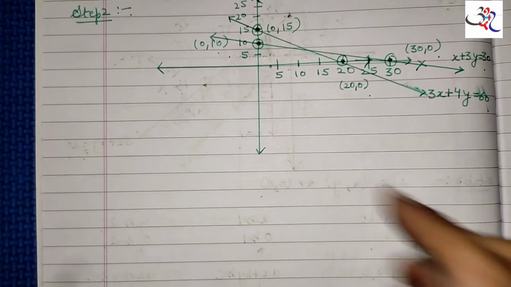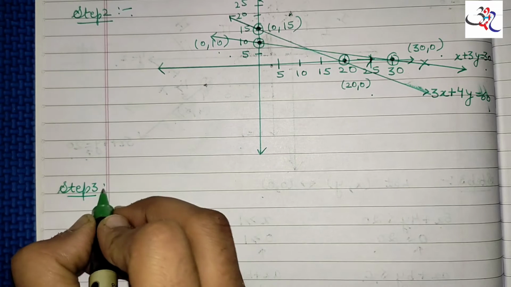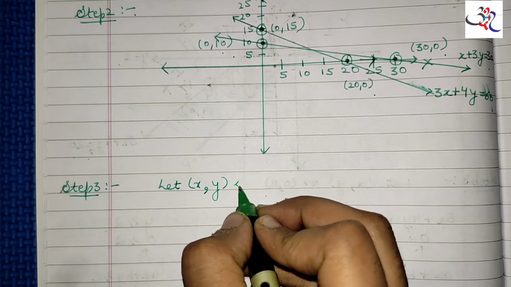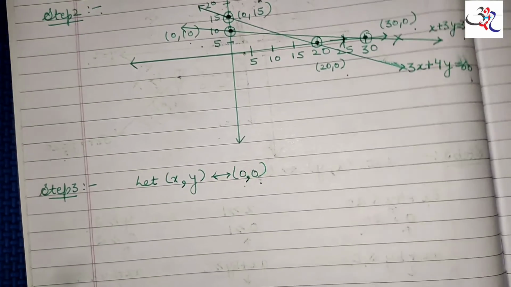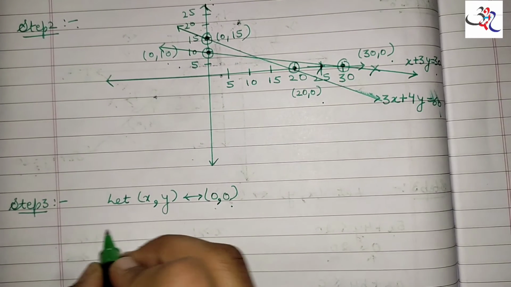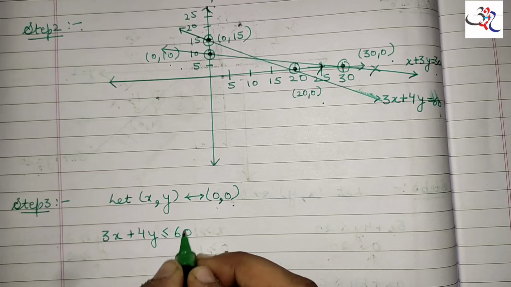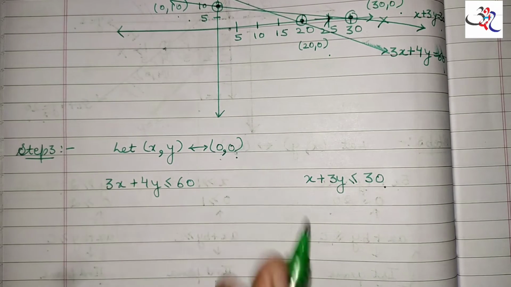Okay, now the same step, that fine, let us imagine that my x comma y are approaching 0 comma 0. If these values are approaching 0 comma 0, then put the value in your inequalities. If both are 0, this will also become 0 and this will also become 0.